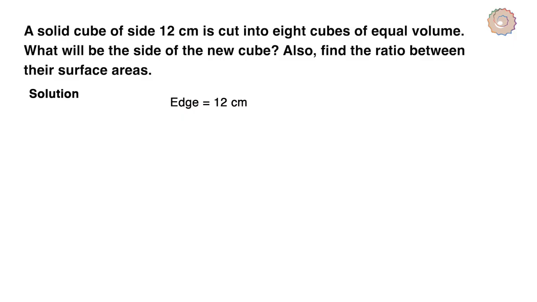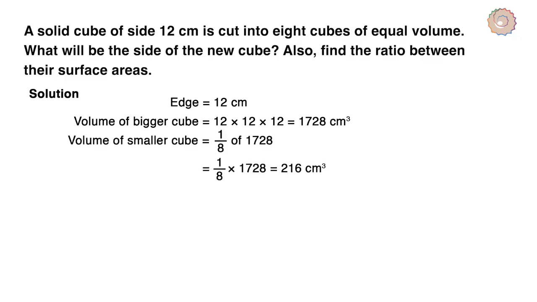Now, the edge is 12 cm from the question. The volume of the bigger cube is 12 cube, which is 1728 cm cube, and the volume of a smaller cube is 1/8 of 1728, giving you 216 cm cube. Let the side of the smaller cube be S, so S cube is equal to 216.